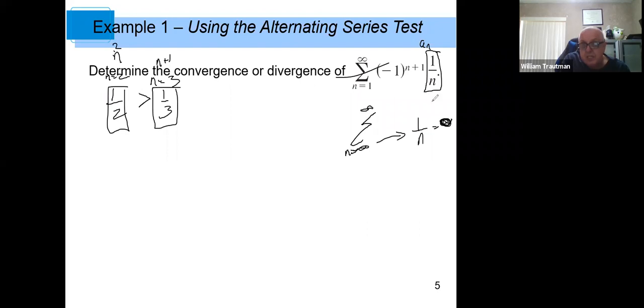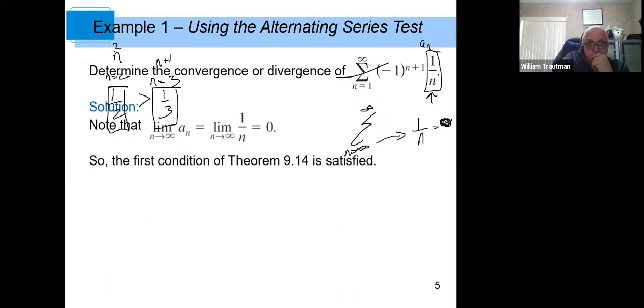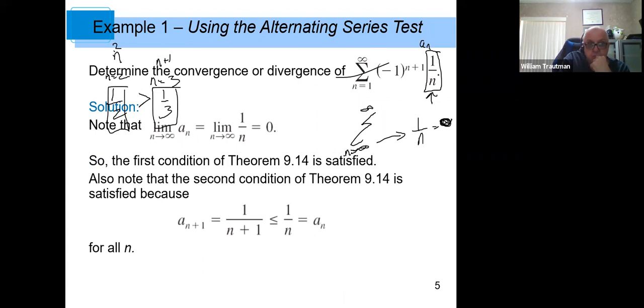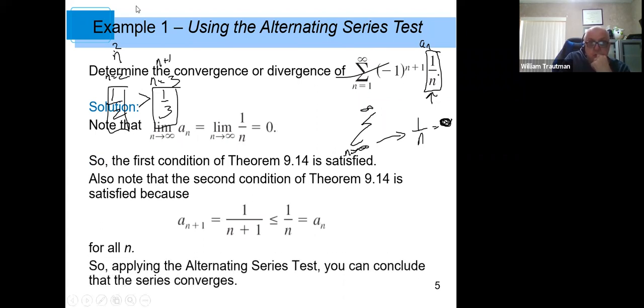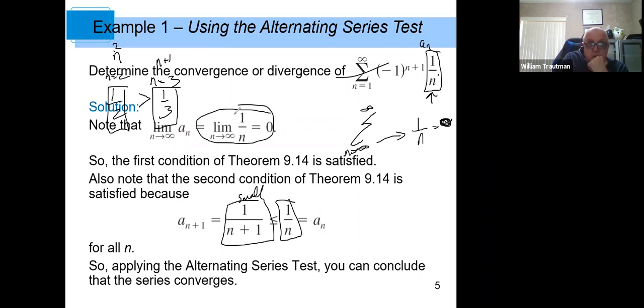The limit of this a sub n is 0, so the whole thing converges. So the 1 over n part is decreasing to 0, so the alternating series converges also. Once again, the successive term is smaller than the previous term, and since this converges, then the whole alternating series converges.